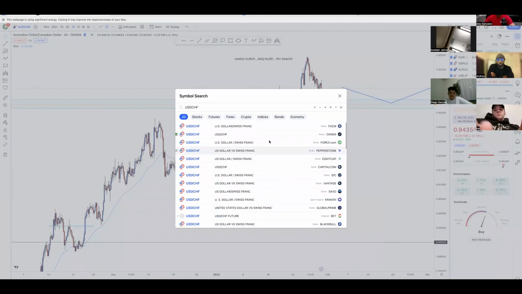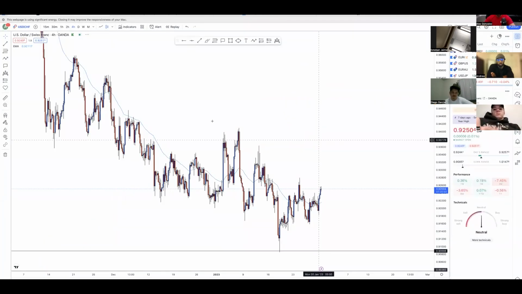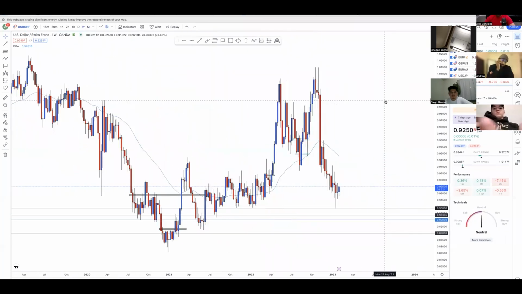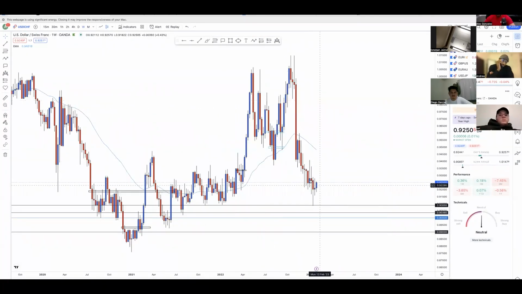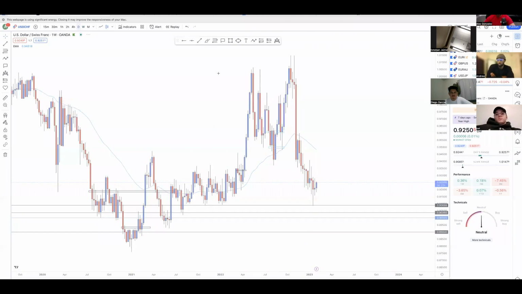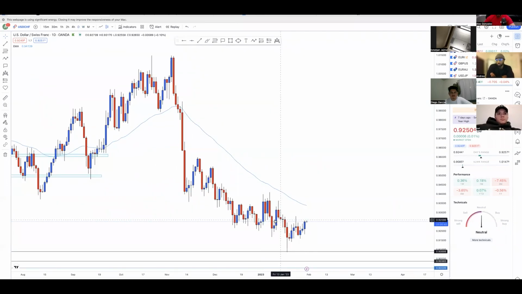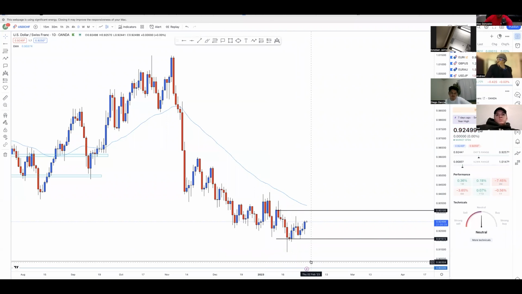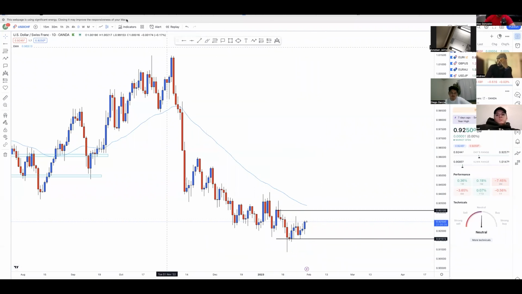USD CHF, we do it on OANDA. So USD CHF, weekly time frame, it is technically bearish. The daily time frame, we are technically lower low, lower high, lower low. We're technically bearish. You notice this would be the lower high, and then this would be the lower low. As long as we don't body close above or under any of these zones, we remain bearish.